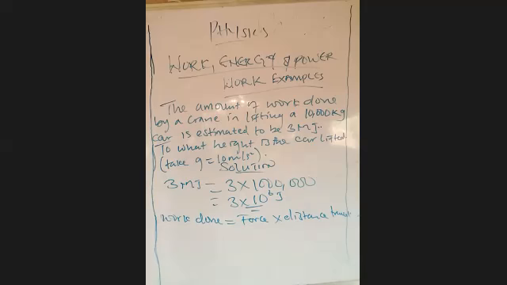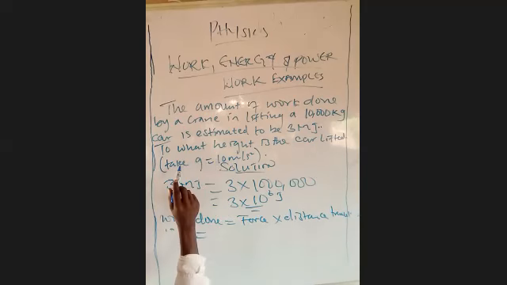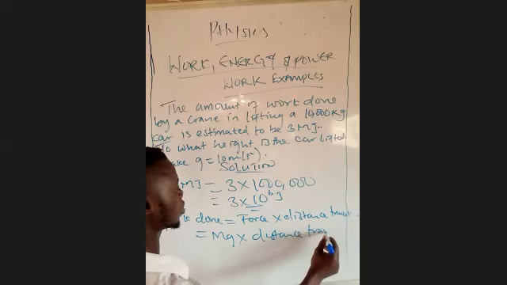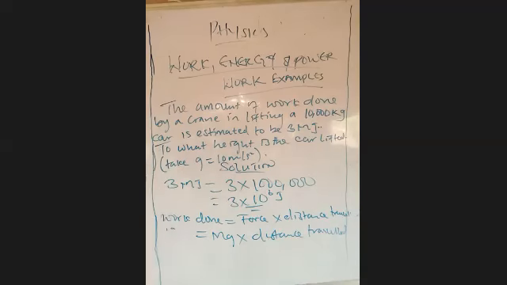And remember that force is equal to mass times acceleration, which here is acceleration under gravity, so force is equal to mg, where g is equal to 10 meters per second square. So work done is mg times the distance traveled.